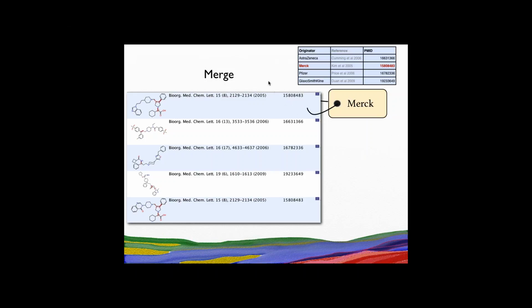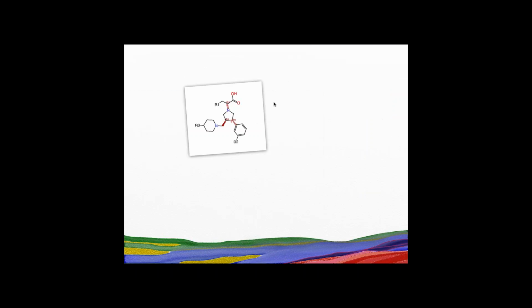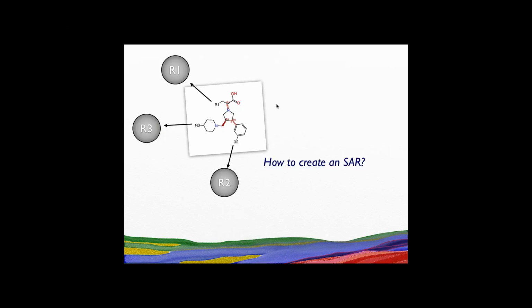This is also a function that exists directly in DataWarrior. You just need to have a separate file which lists the origin and the PubMed ID on the right, and you can very easily attach the information. This is something that I'm going to show you. Then I will take the data from Merck and show you how to create an SAR table using DataWarrior functionality.